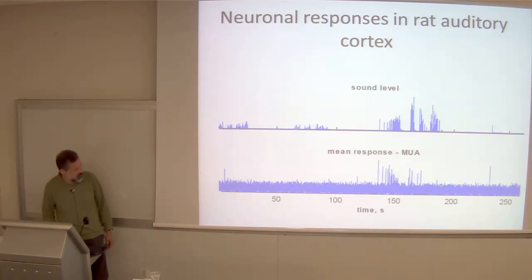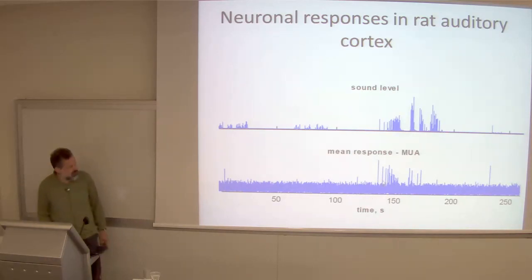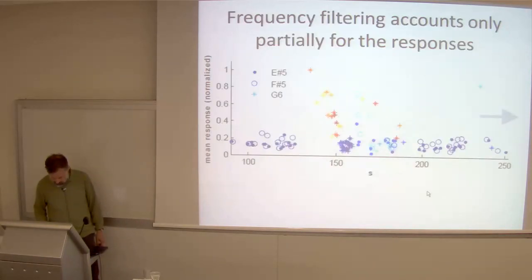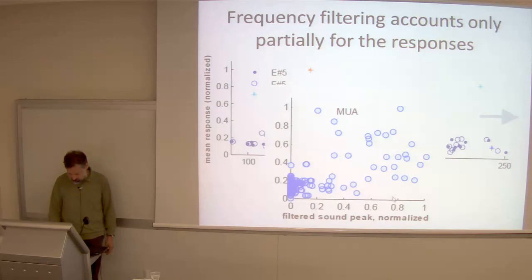The interesting part about it, we needed to do a lot more controls here. Okay, that's only the beginning of the work. The interesting part is that the size of the response is almost uncorrelated with the sound level. Here we have a measure of how loud the sound was, and here we have a measure of how strong the response was. And these large responses are responses that come from the G. These are large responses all over the place in terms of sound levels.